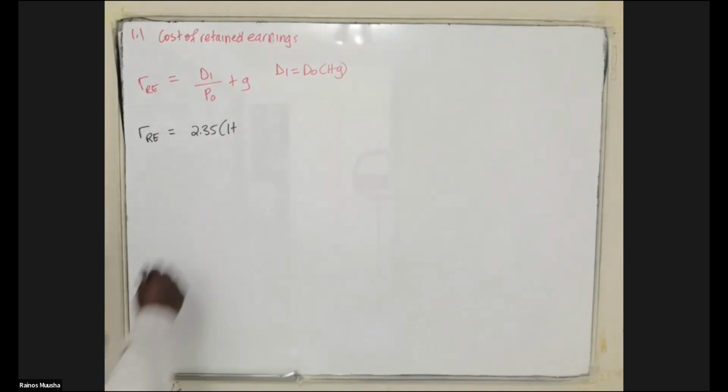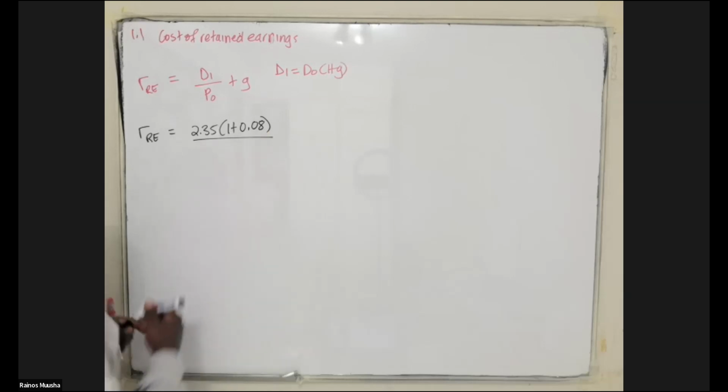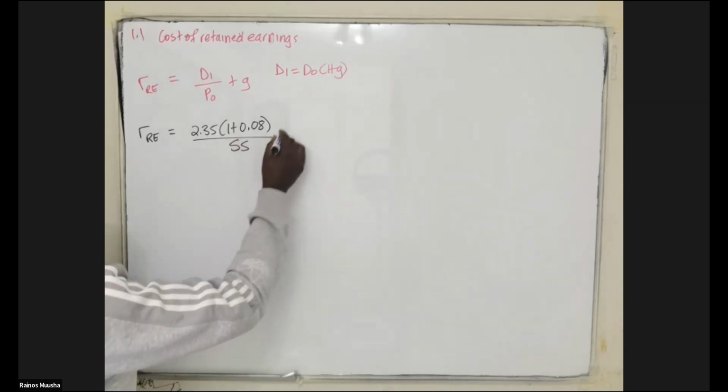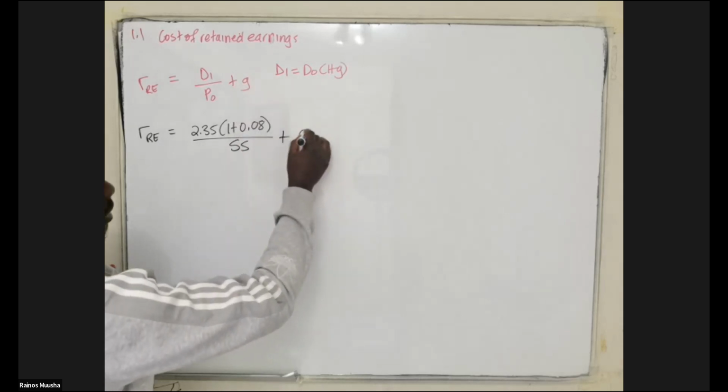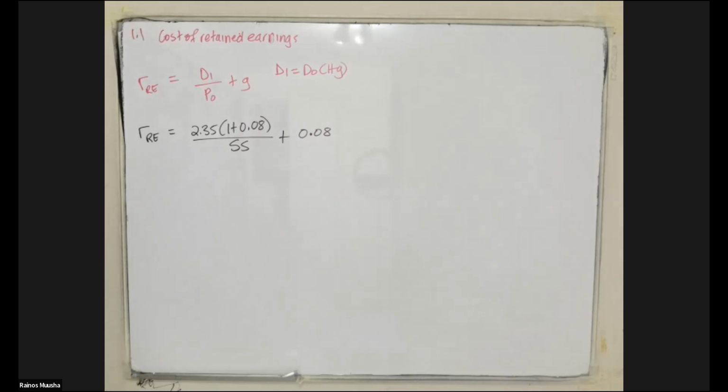So it's going to be 1 plus 0.08 in brackets, divided by the current price of the share, which is 55, plus the growth rate as a decimal, 0.08. Whenever they give you the growth rate or the required rate of return in a formula, you always have to put them as decimals. If you do the calculation, how much do you get as the cost of retained earnings?